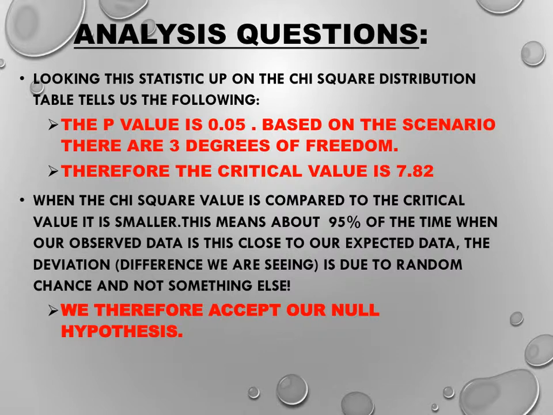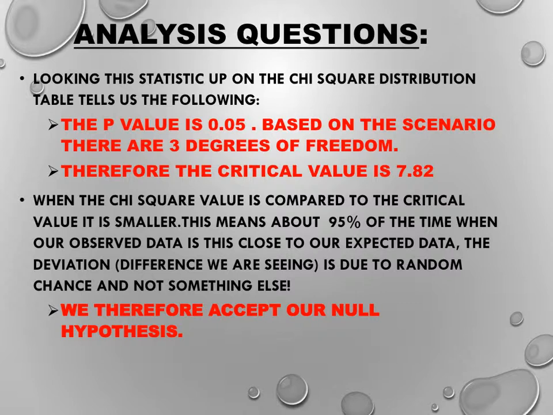If it's smaller, it means that about 95% of the time, when our observed data is this close to our expected data, the difference we're seeing, that deviation, is because of randomness. It's just chance, it's just normal mitosis, there's nothing else going on. So because our chi-square value was so much smaller than our critical value, we are going to go ahead and accept our null hypothesis.